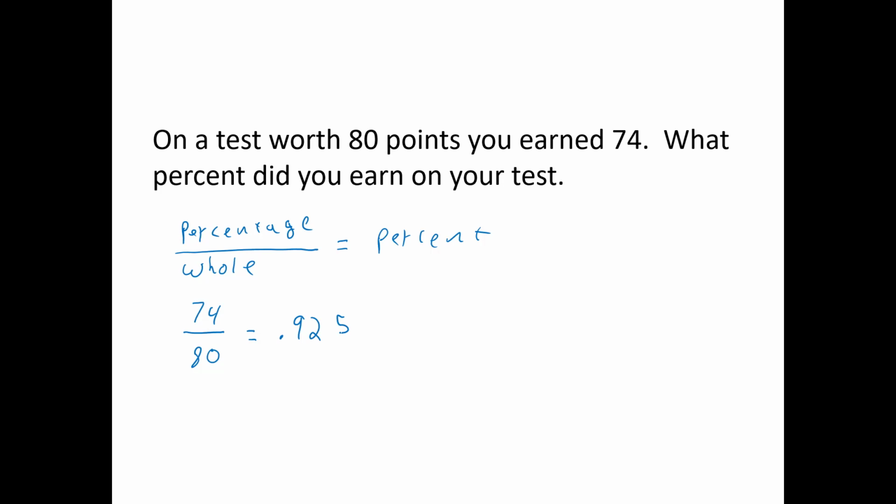Okay, but again, since the question asks what percent did you earn on the test, we're going to write this using the percent symbol. And so then we get 92.5%. So the rate at which you answered questions correctly was 92.5 per 100 questions asked. You would answer 92.5 for every 100 questions that you were asked.